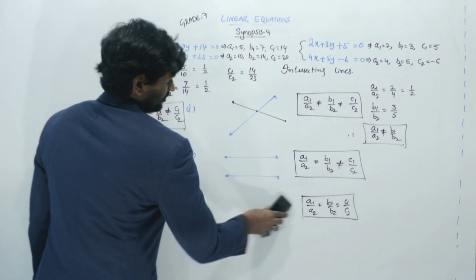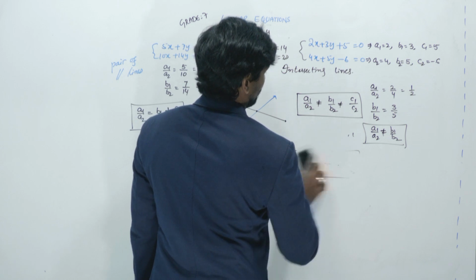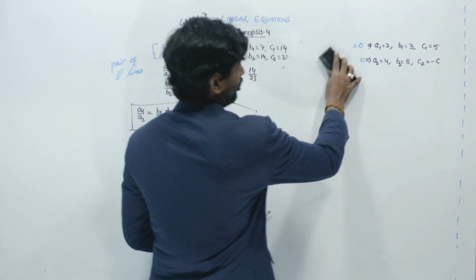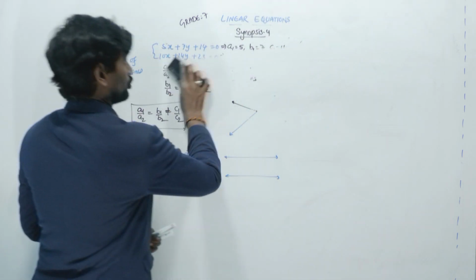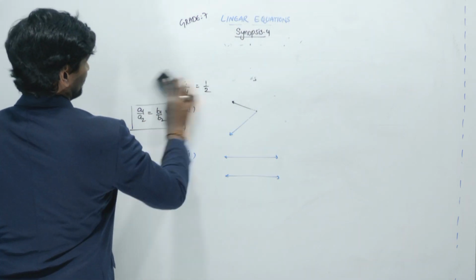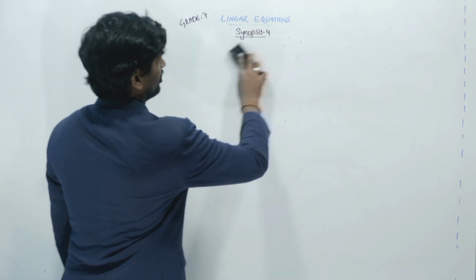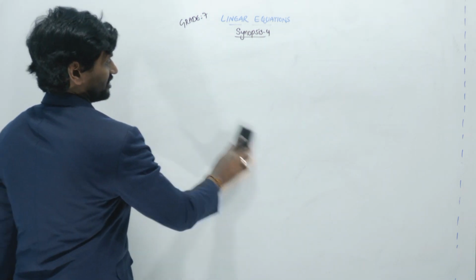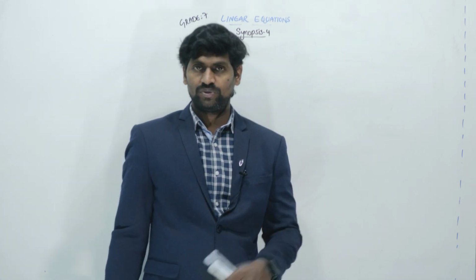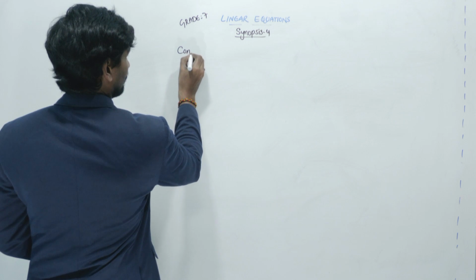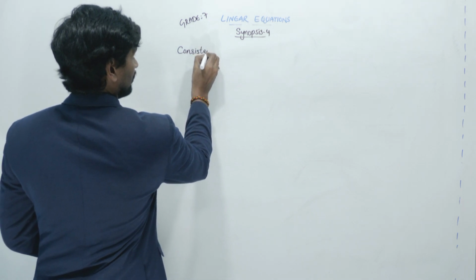Today we have discussed ordered pairs and how we divide the plane into 4 quadrants, what the x coordinate and y coordinate represent, and pairs of linear equations also. Now let us discuss consistency.